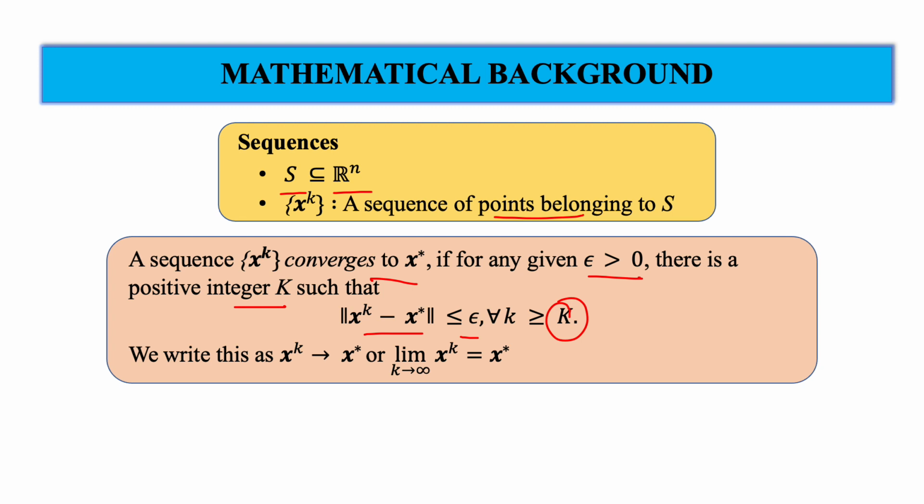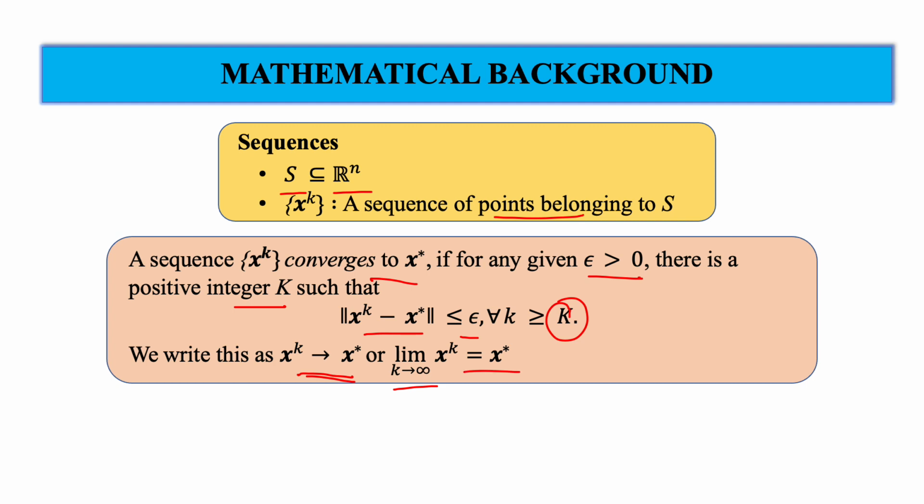So we will see that the points in the sequence are very close to x star. They are at a distance of at most epsilon.